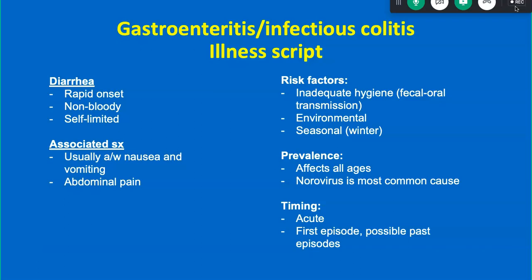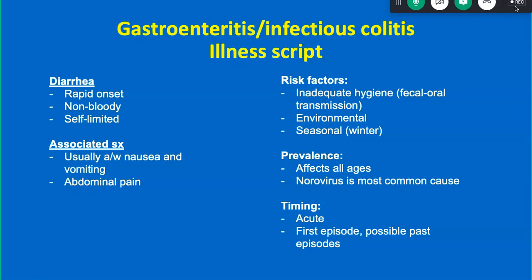Gastroenteritis and infectious colitis, these are stomach bugs. So you'll see diarrhea that has rapid onset, is non-bloody, and is usually self-limited. Patients come in for this because they're very dehydrated, so you'll see signs of dehydration on your physical exam. They're dehydrated because of their nausea and vomiting, because of their diarrhea, and they can have diffuse abdominal pain.